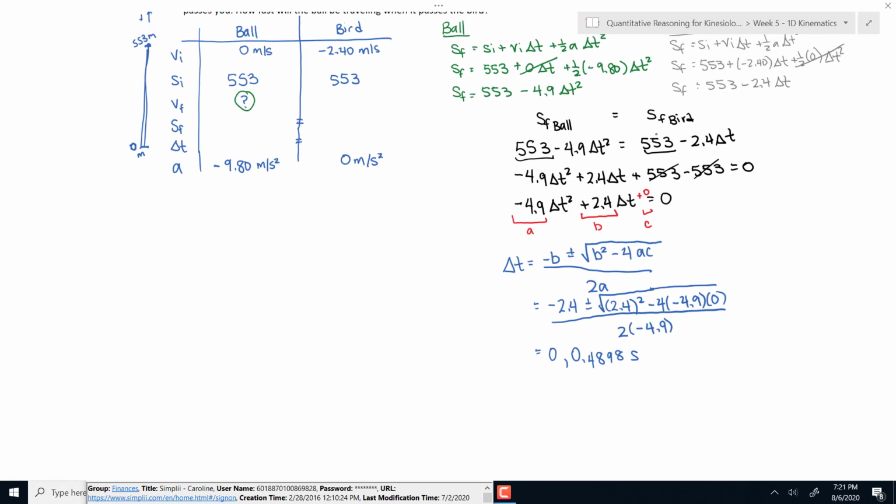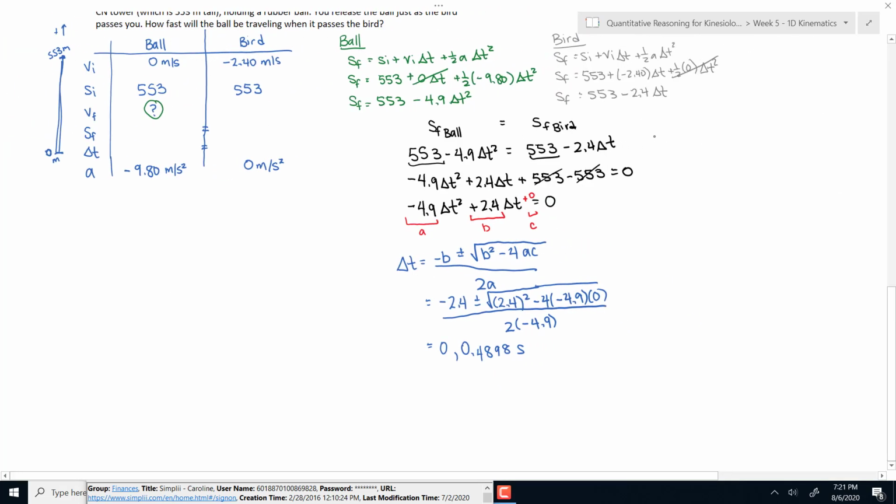So the question's not asking for the time, it's asking how fast will the ball be traveling when it passes the bird. So we're looking at the ball here. We just found out the time was 0.4898 seconds, and we're looking for this V final over here. Okay, so now we're going to move on. Because we're looking for V final, we now know time. We can solve for V final.